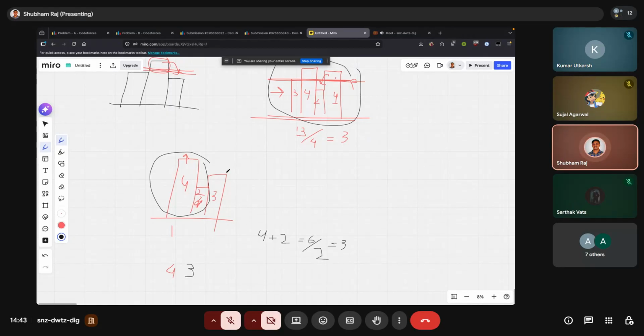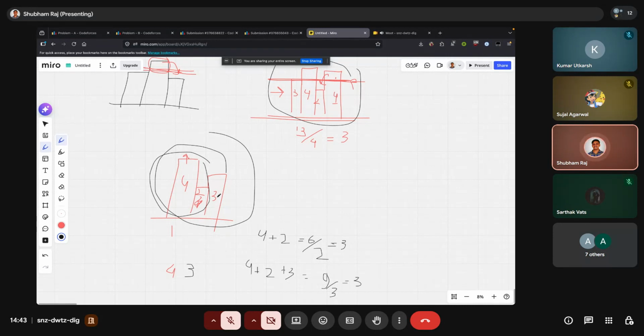Right. If I consider the whole cake, because we have now come to the third index, we can consider the full cake. Now again, if we add 4 plus 2 and 3, that is 4 plus 3, 7 plus 2, 9, and 9 divided by the total sections, 3, will become 3.